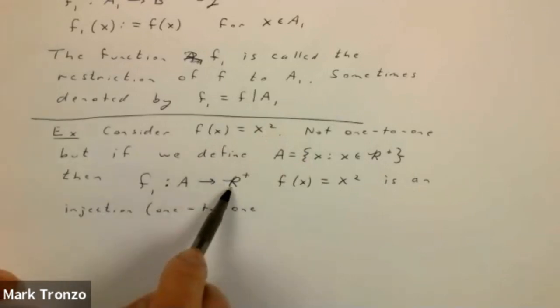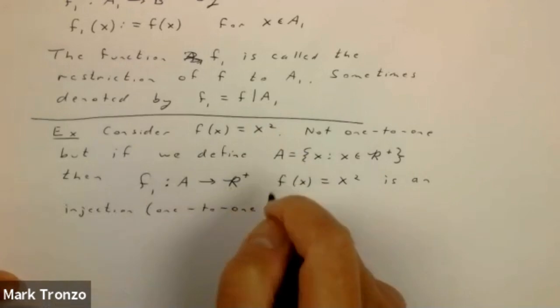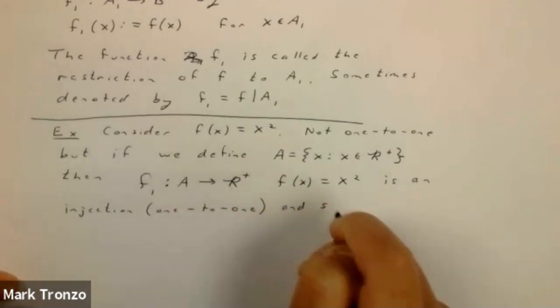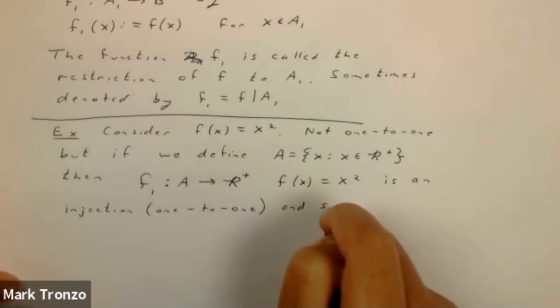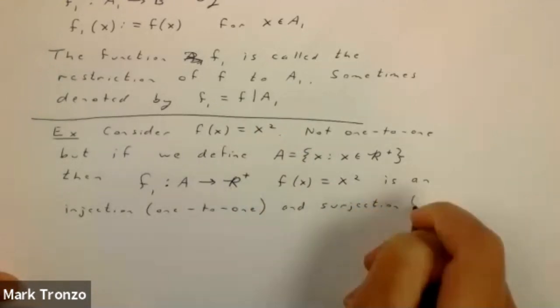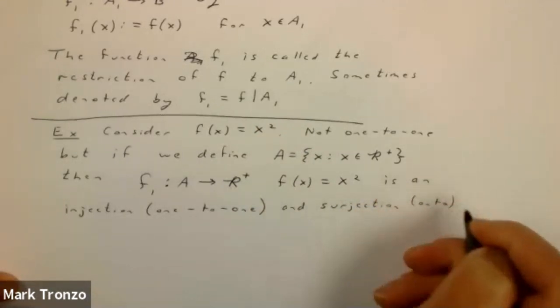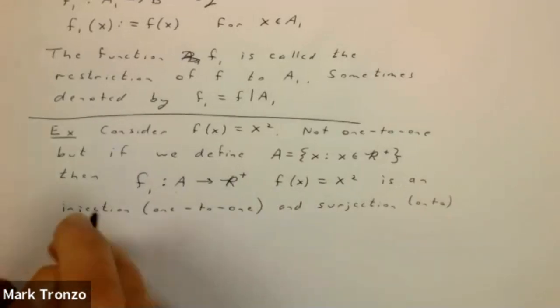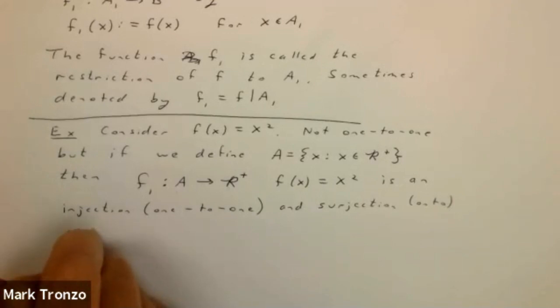And if we say that it just goes to positive real numbers as well, then we could say it's onto, couldn't we? And a surjection. And therefore has an inverse.